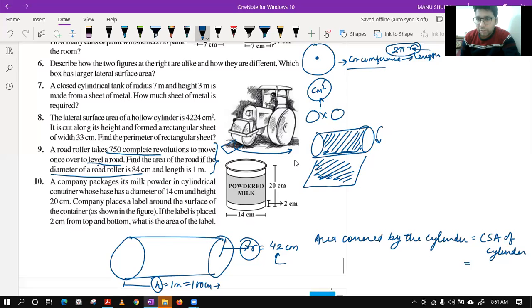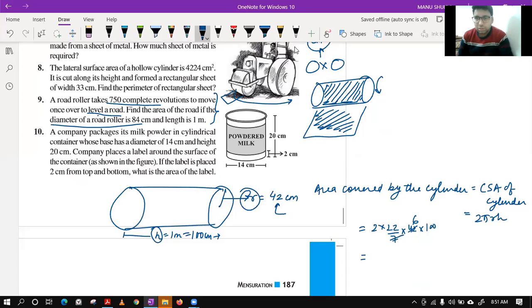It is 2 pi r h, and we can find this very simply by putting the values. 22 by 7 into r, that is 42, into h, that is 100. 7 sixes are 42, and the answer is 26400 centimeter square.